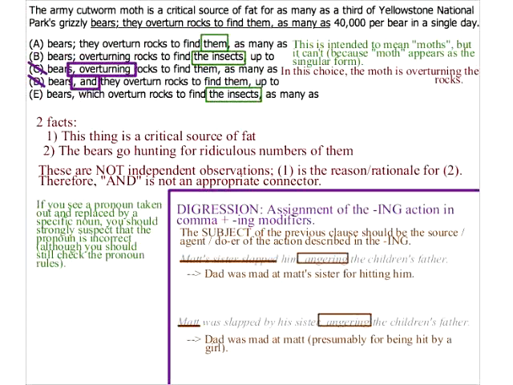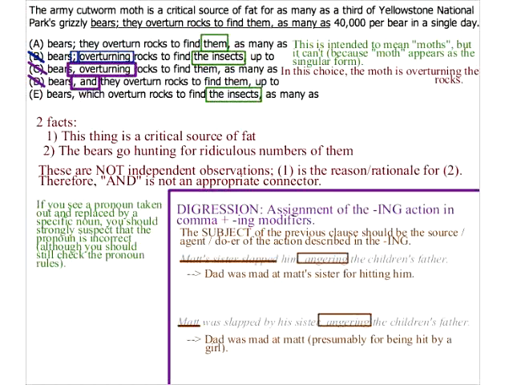B is not a sentence. In brief, a semicolon is like a period, and after a semicolon you would have to have another sentence. So this overturning rocks is a fragment.